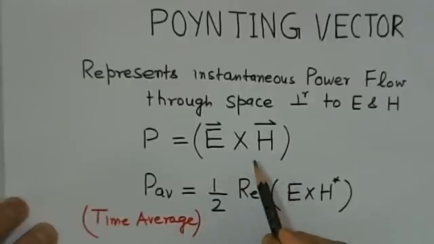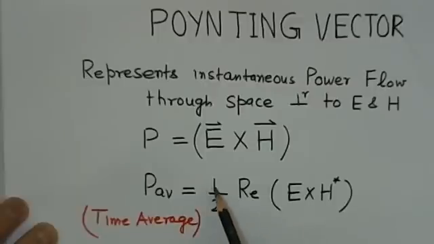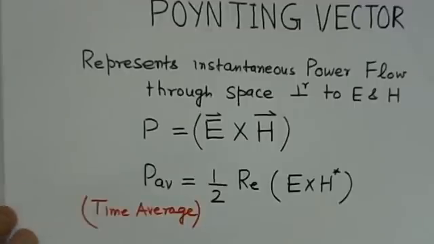Since E and H are time varying, we can also find the time average power flowing through space. This is given by the real part of E cross H complex conjugate. By knowing this, you can find the real power which is flowing through the waves.